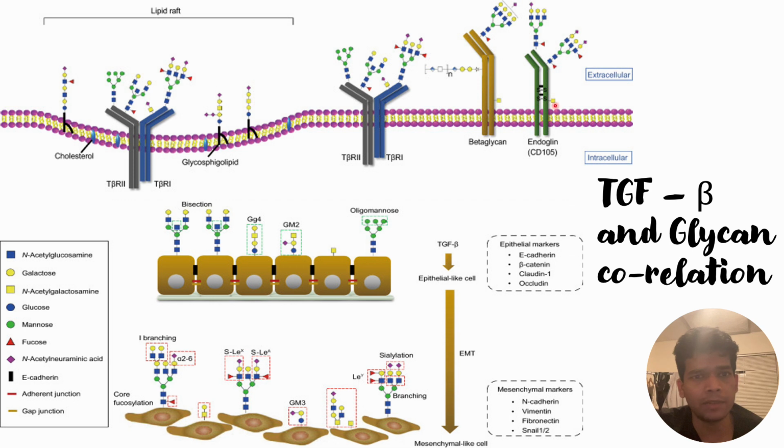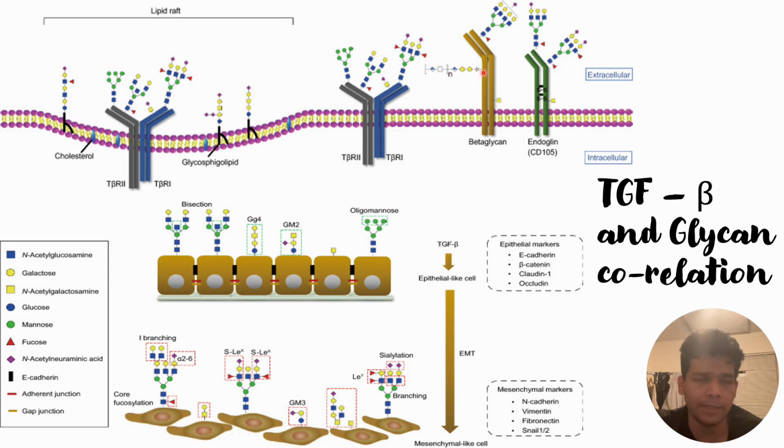There are other kinds of configurations of the TGF beta receptors that can be seen here. In this case, the glycan helps the TGF beta interaction with the TGF beta receptors by preventing the TGF beta receptor and betaglycan interactions.